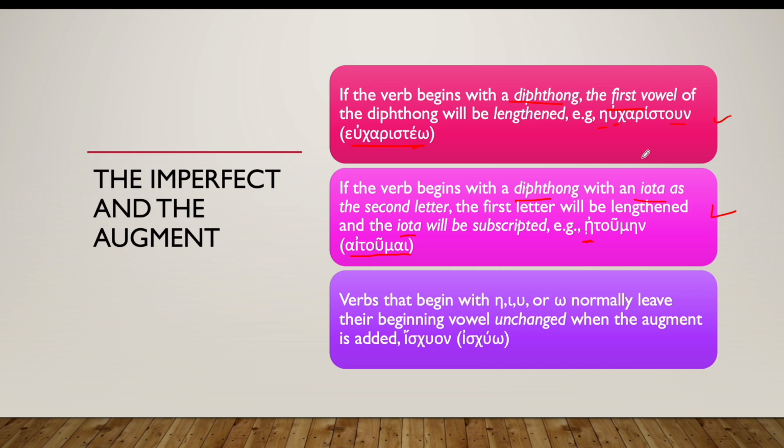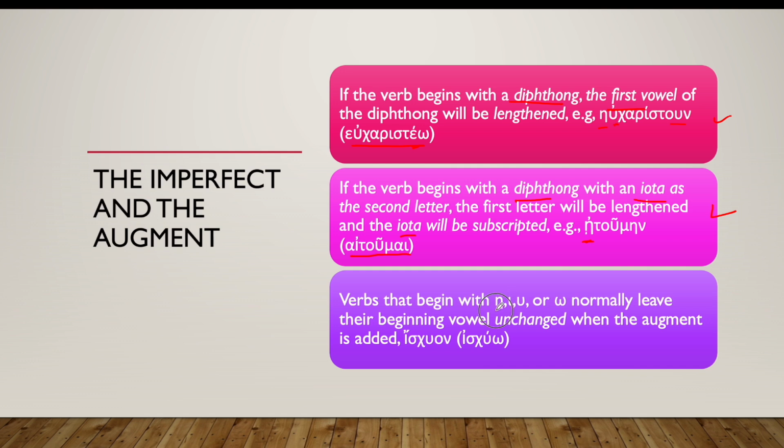If it begins with a consonant, we just are aware of the epsilon, but if it begins with a vowel or a diphthong, we almost have to unlengthen to get back to its lexical form to figure it out. And with this iota subscript, it makes it even more tricky, because we'll be looking through our dictionaries for a verb that begins with an alpha or an epsilon, and you have a tau as the next one. And that's going to be tricky for us, but we just have to be aware of that.